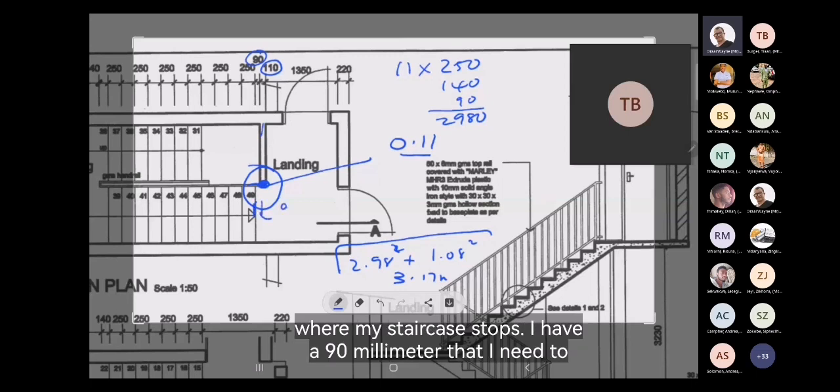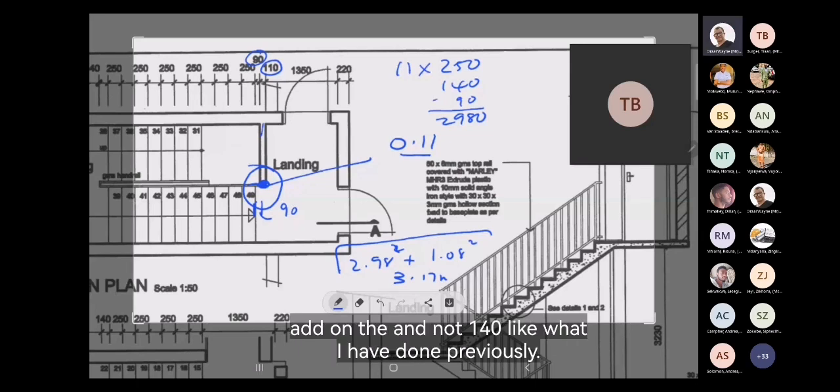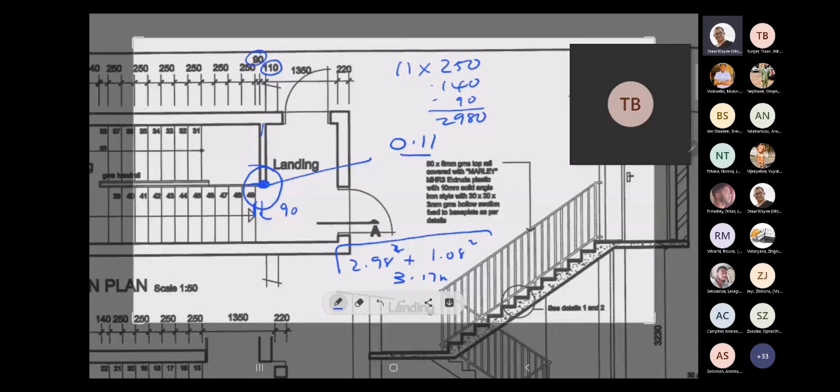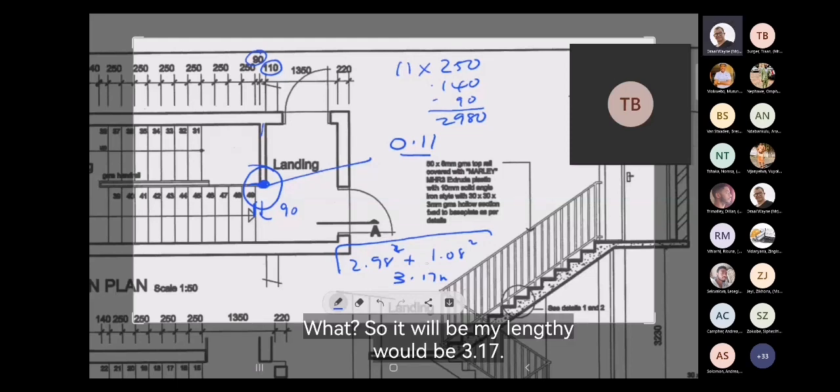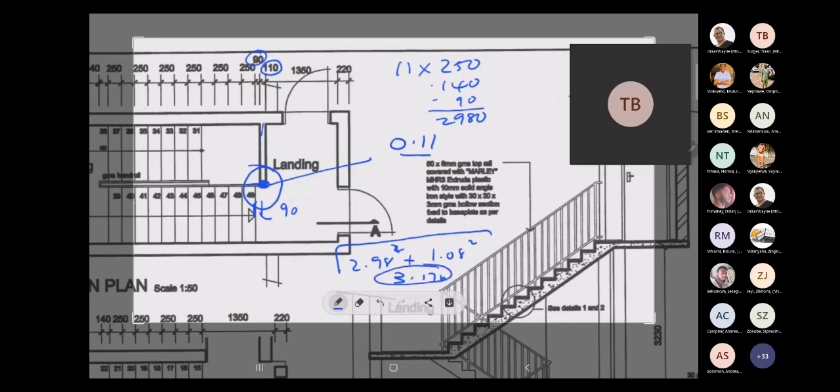I have a 90 millimeter that I need to add on there, and not a 140 like what I have done previously. You guys see the mistake I've made? Right? So my length there would be 3.17 meters. Okay?